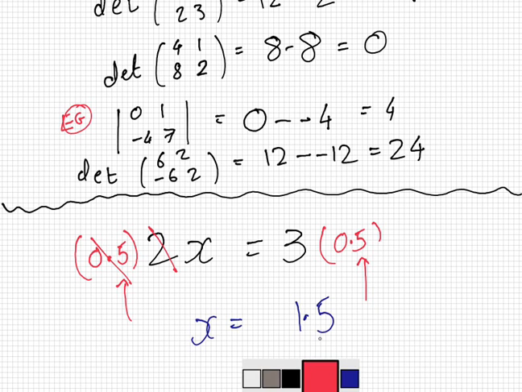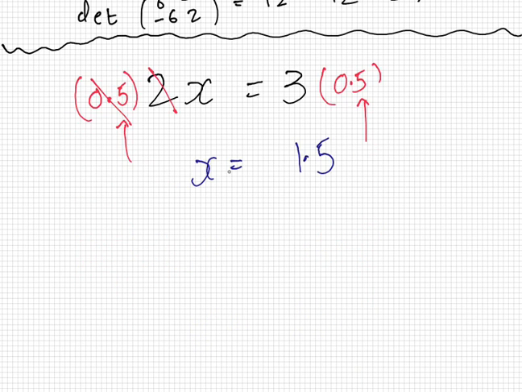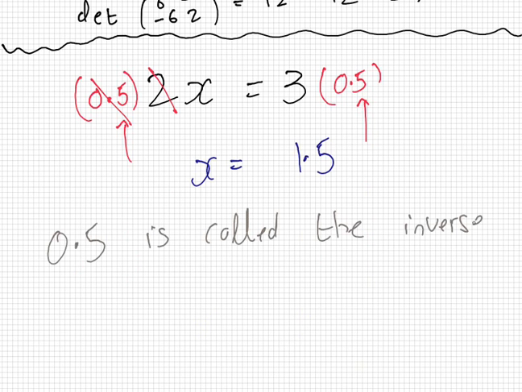So this is just vocabulary. The 0.5 is called the inverse of 2. And the reason it's called the inverse of 2 is they both cancel to make 1.